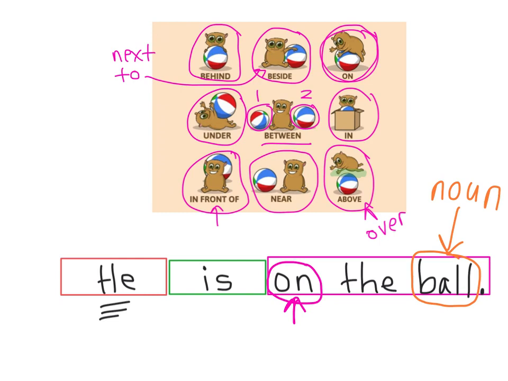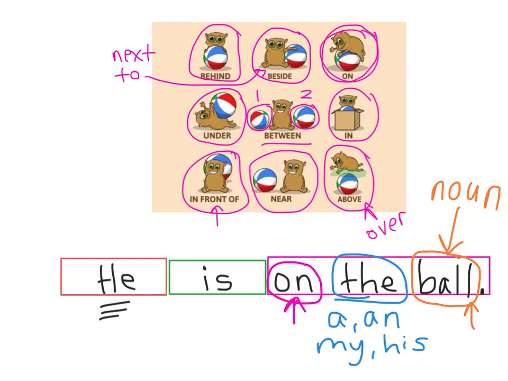And we need to remember that if it is just one, and there's no S there, then we need to remember to use a little word right in front of it. It could be a, or an, or the, my, his. It needs to be a word that tells us which ball are we talking about, which one.